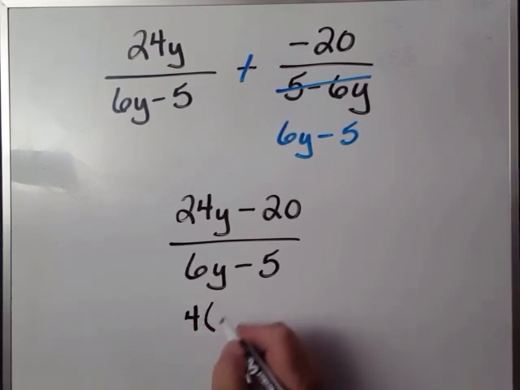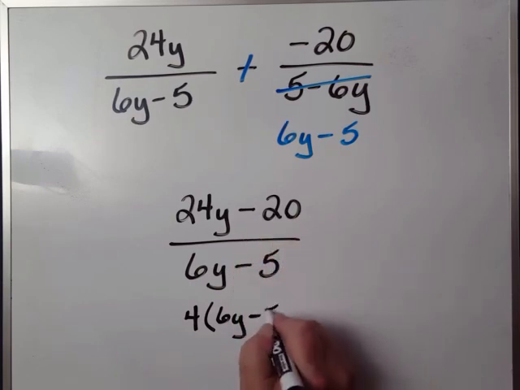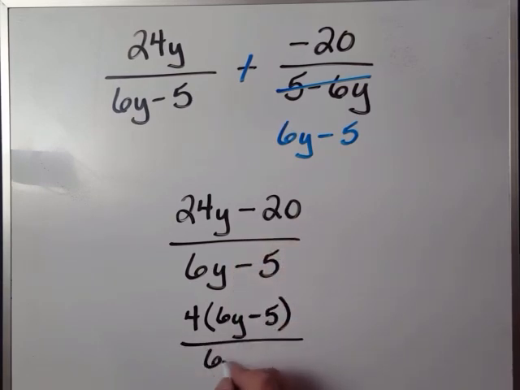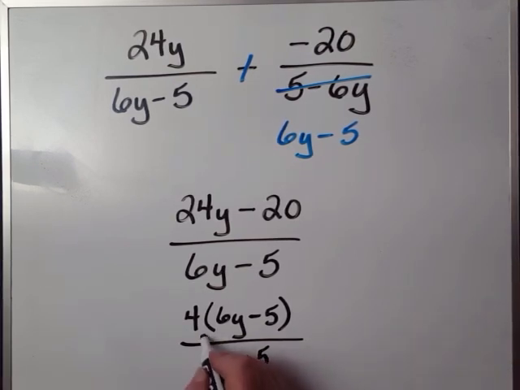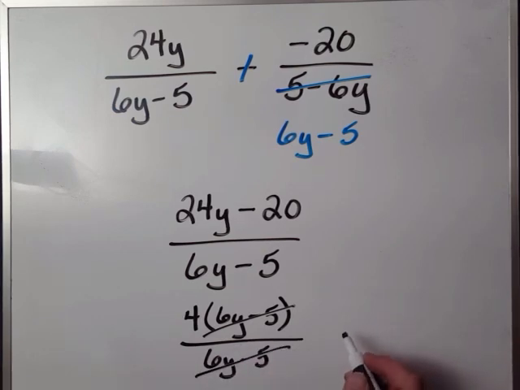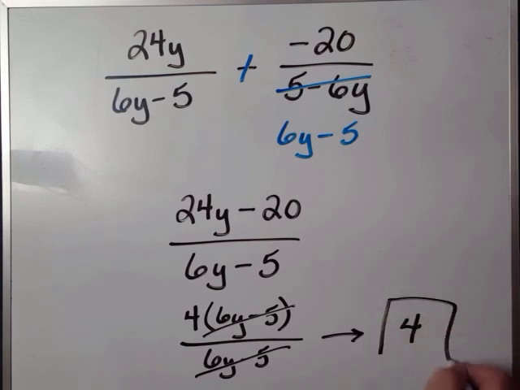Factor out a 4, which leaves a 6y and a minus 5. This denominator is prime, and it's a good thing I checked, because there is a common factor top and bottom, which when I cancel leaves me my final answer simply 4.